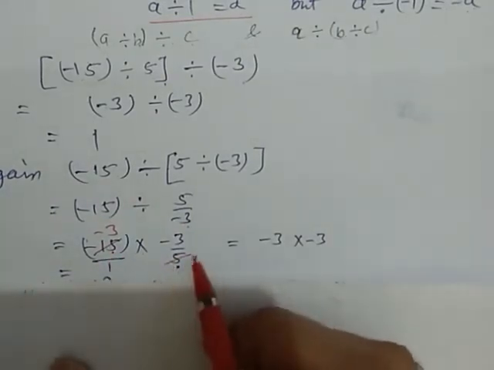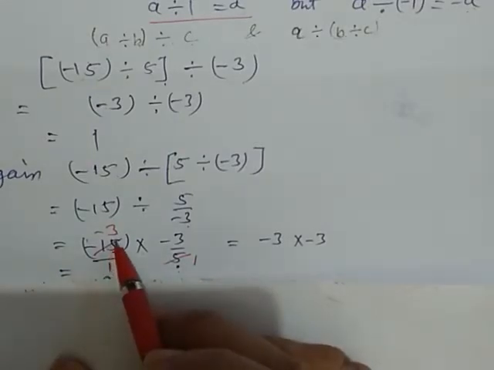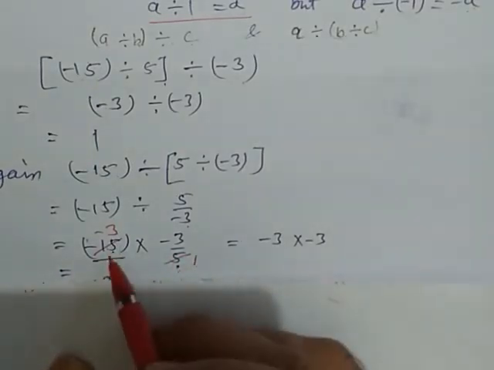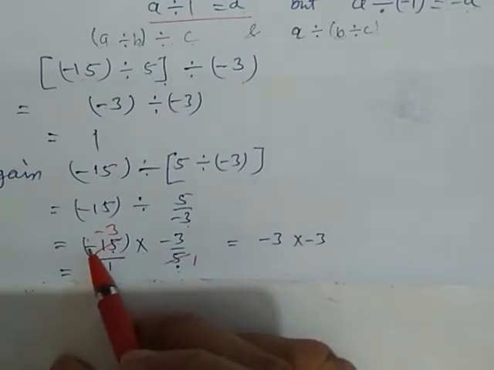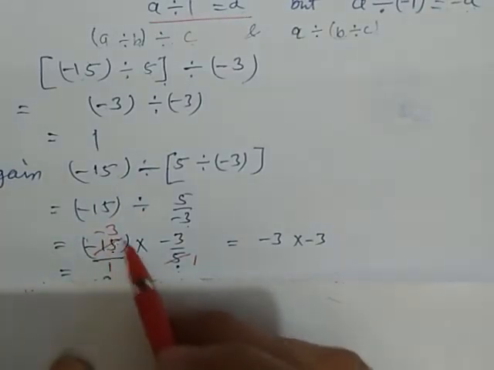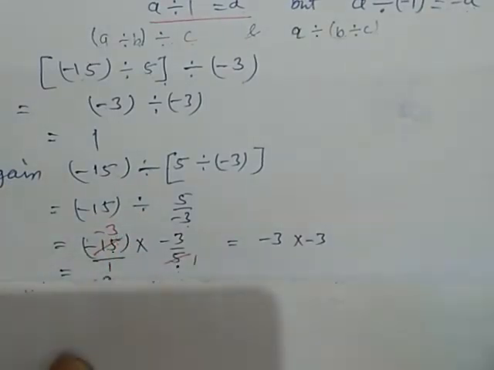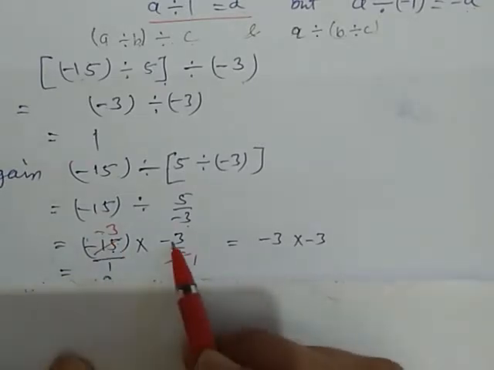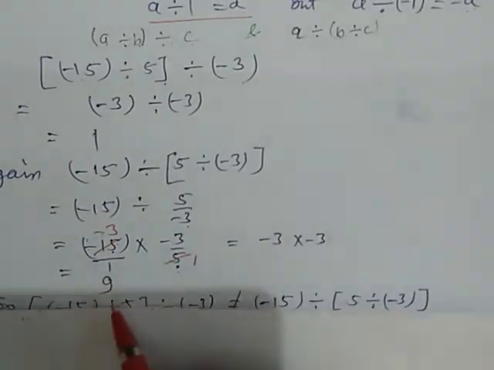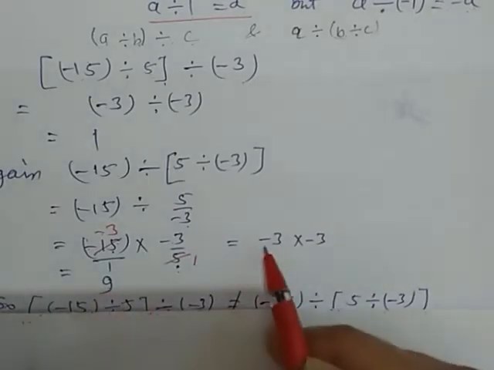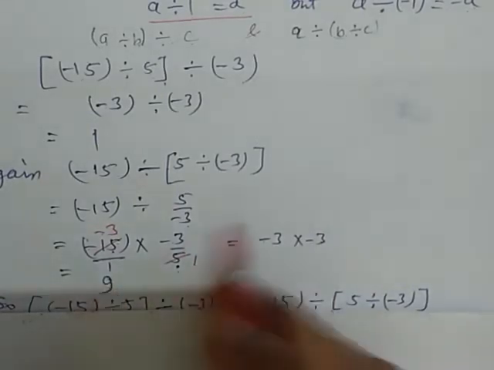So we divide this by 3 times: 5 1 ja 5, 5 3 ja 15. So this negative is here and this is divided by 3 times. Now minus 3 into minus 3 becomes plus 9, because minus into minus is plus.